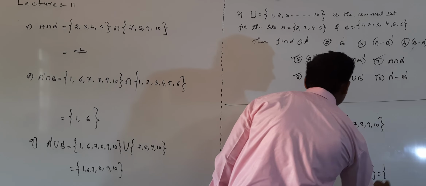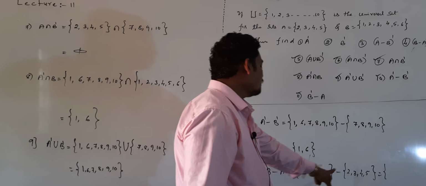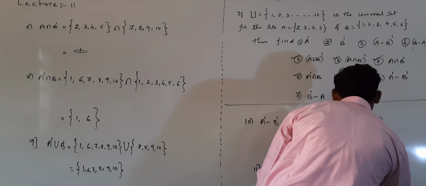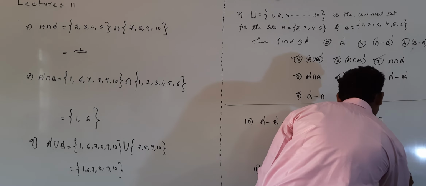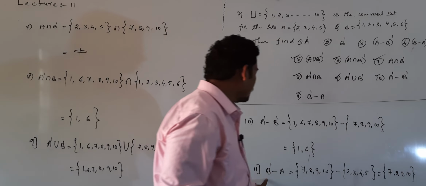That's equal to 7, which is not there in the second set, 8 which is not there, 9 and 10. This is our B complement minus A.